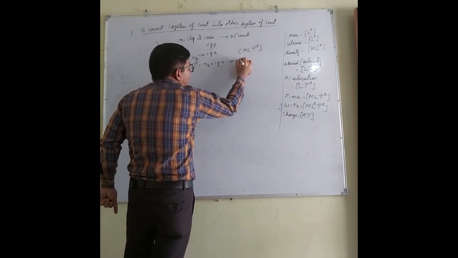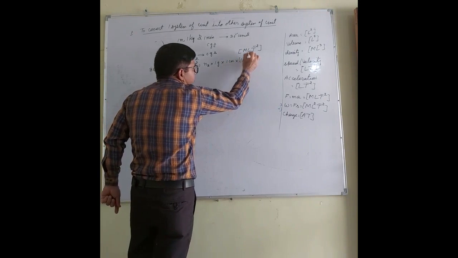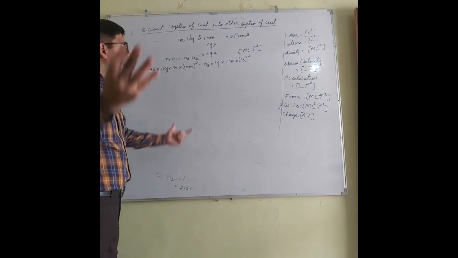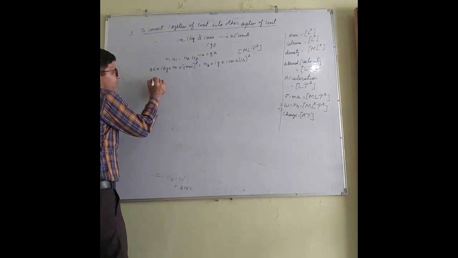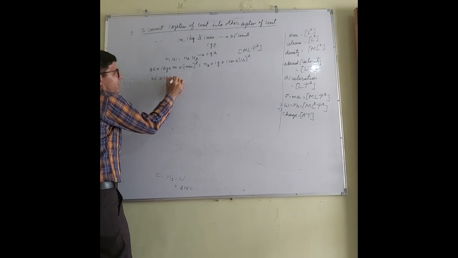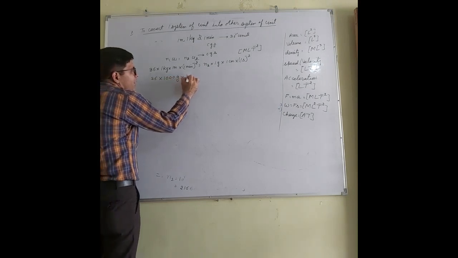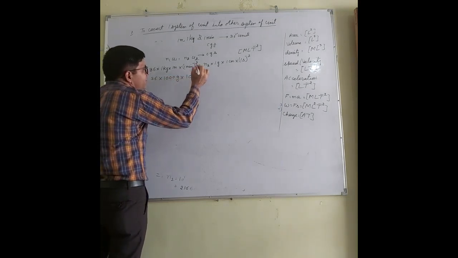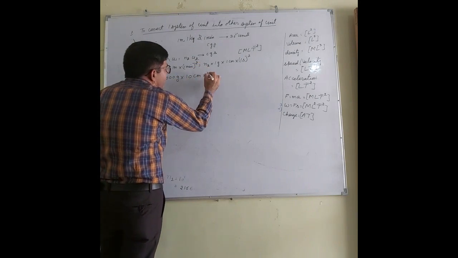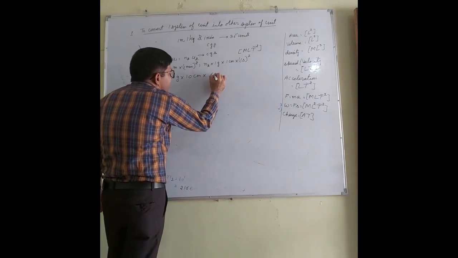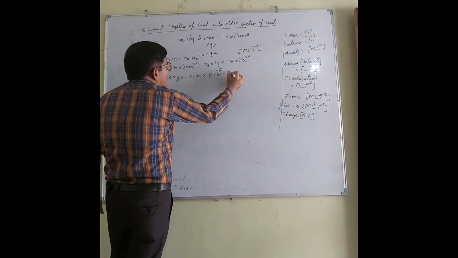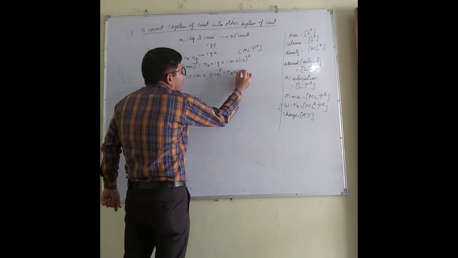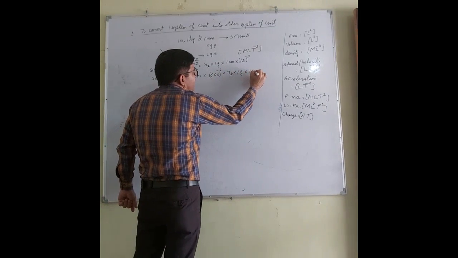And in place of time, I will write 1 second to the power minus 2. Now here 36 into 1000 gram, 1 meter is 100 centimeter and 1 minute is 60 second to the power minus 2, and 2 multiplied by 1 gram 1 centimeter.